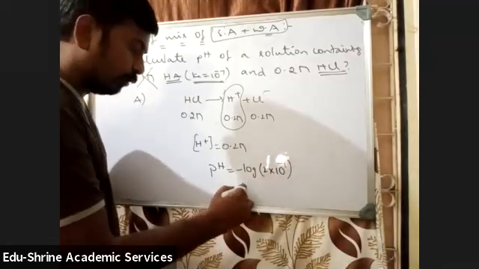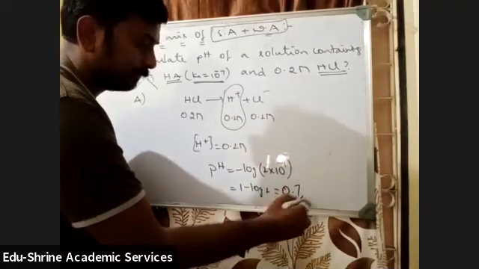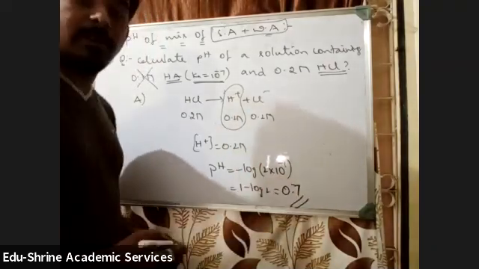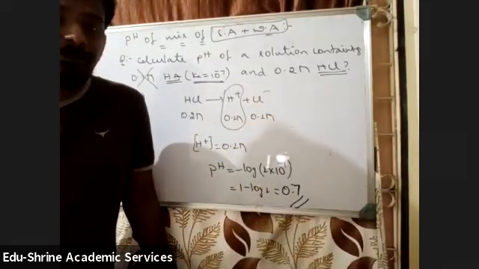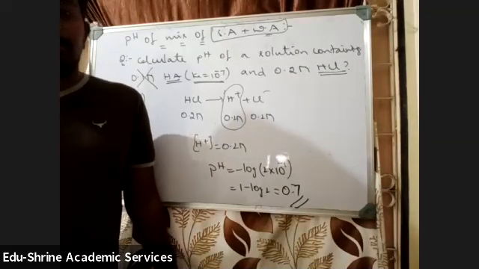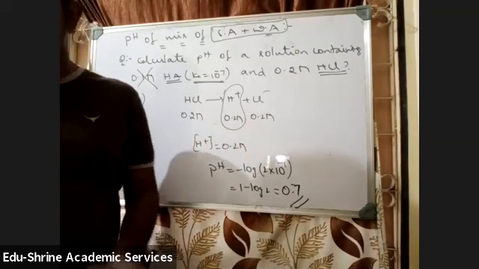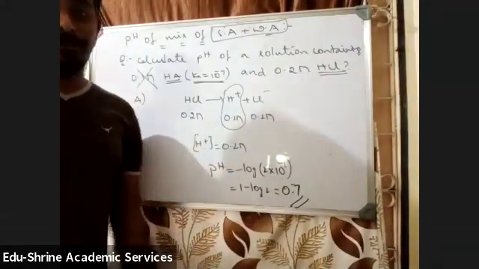So 1 minus log 2, so 1 minus 0.3. The pH value will be 0.7. So this way the question comes for the pH of a mix of strong acid and weak acid. So it is like solving for strong acid only.